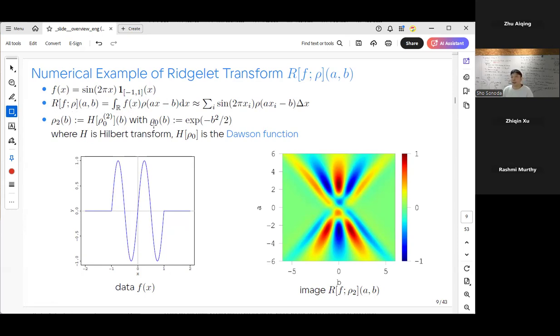We can compute the Ridgelet transform R of f by using a numerical integration technique at every fixed a and b. Then we obtain a two-dimension signal because we have one dimension a and one dimension b. And typically the image of a Ridgelet transform is oscillated because the choice of Ridgelet function is typically oscillated, and now the function itself is also oscillated.